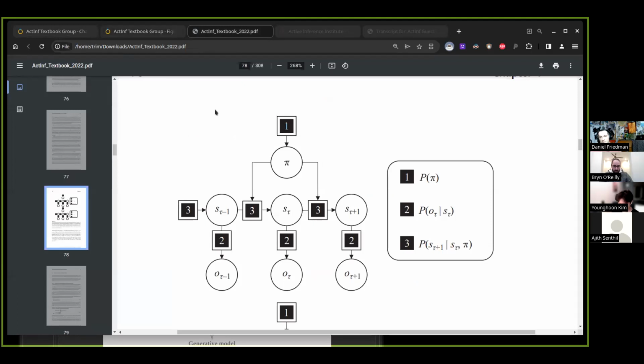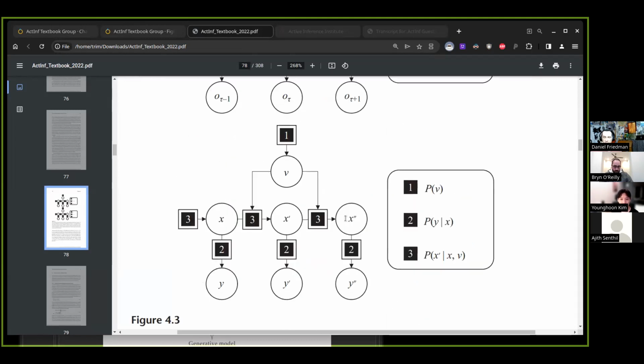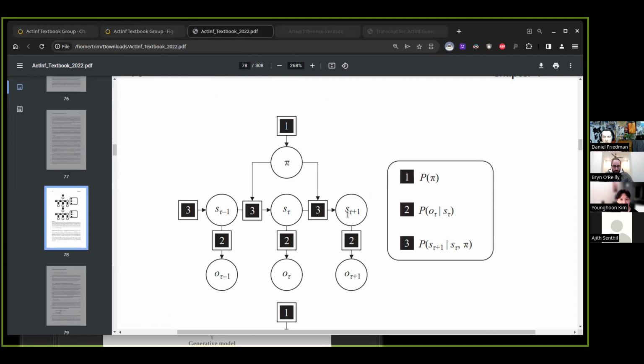I don't really remember which chapter it was, maybe chapter 2, but the diagram shows that P is the notation for the probability happening in the real external world, while Q is something that we approximate. So I think it's much more accurate to say Q pi, Q O given S, and etc.